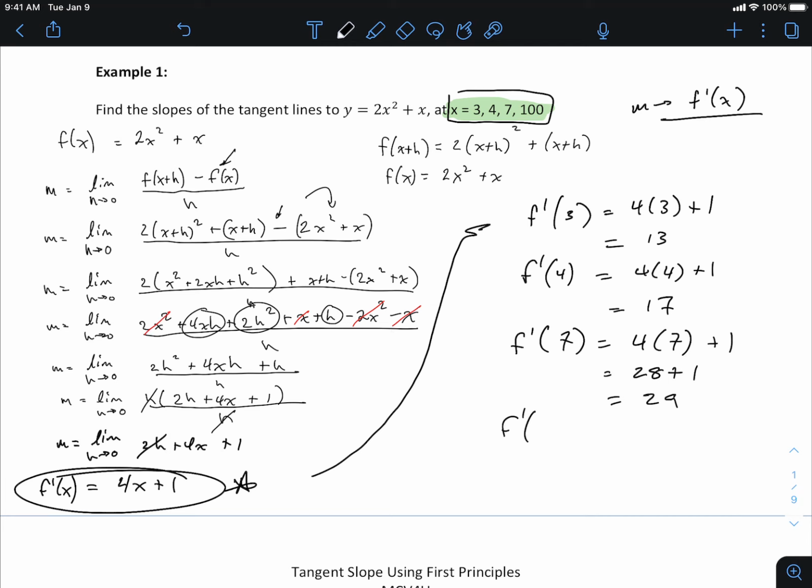And then f prime at 100, 4 times 100 plus 1, would be 401. So what do these represent? This is the slope at each of these values.